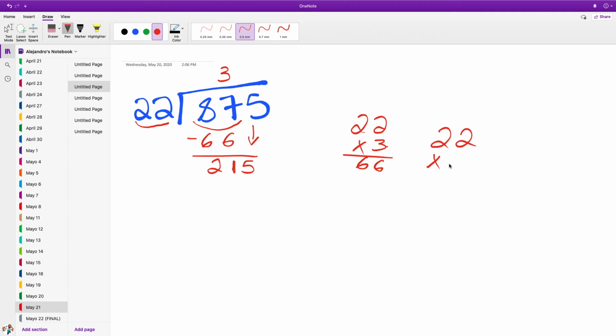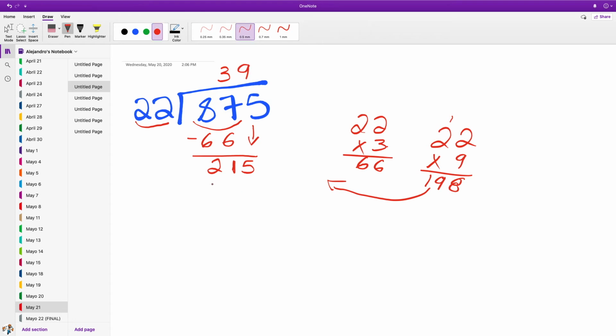Let's go ahead and go for the 9, because 215 sounds like a big number. So 9, then I multiply 9 times 2, 18. 9 times 2, 18, plus 1, 19. Oh, that number looks like it's close to 215. So I'm gonna put it here. 9.